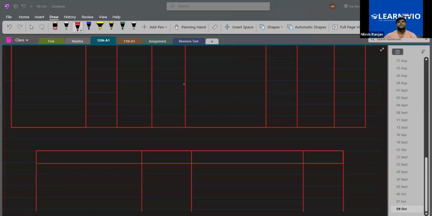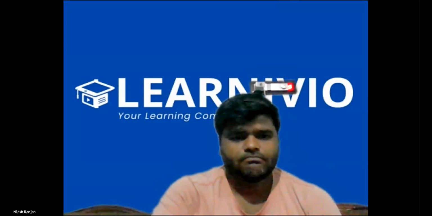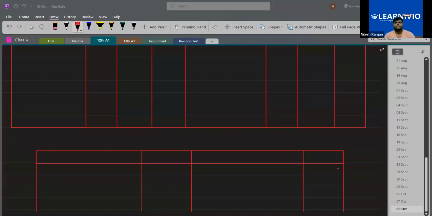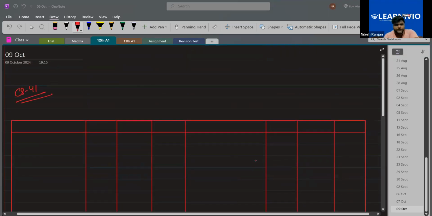Can you refresh it? Sometimes it happens with the server also; the server will stop sometimes. Tell me when it is visible to you. I'm preparing the format until then.